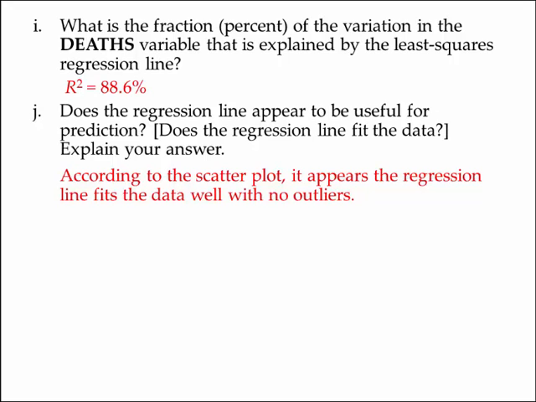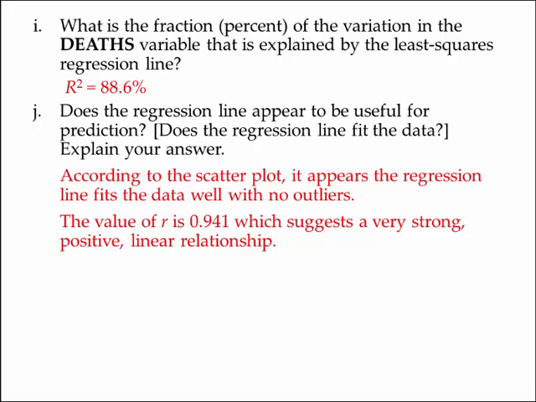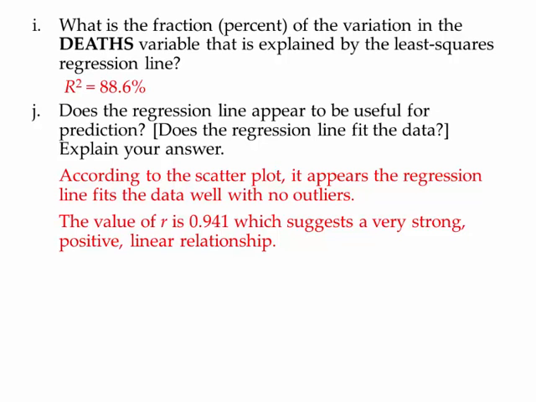Our next piece of information would be the value of R. The value of R is 0.941, and this suggests a very strong positive linear relationship. This is our second piece of evidence. Our third piece of information is R squared.